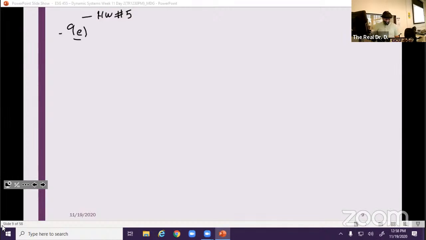So what are we asked to do, right? We're asked, given the following input-output equations, obtain the response. So we were given the input-output equations, we're given the initial conditions, and we're given the input. So what's my equation? It is 20 y double dot plus 80 y dot plus 260 y is equal to 0.8 times u of t.